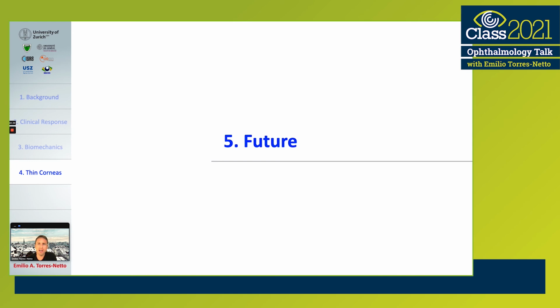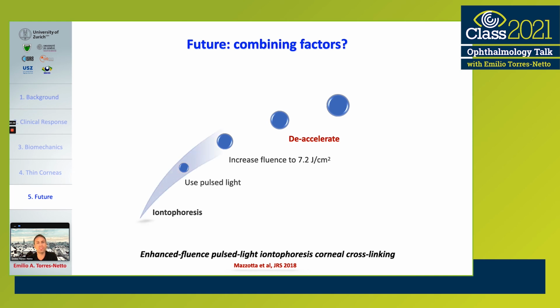So going to the end of our presentation and what we think would be the future. As I said, there are many factors that are used in cross-linking, and probably a combination of small changes of many factors would be the way to go from now on.